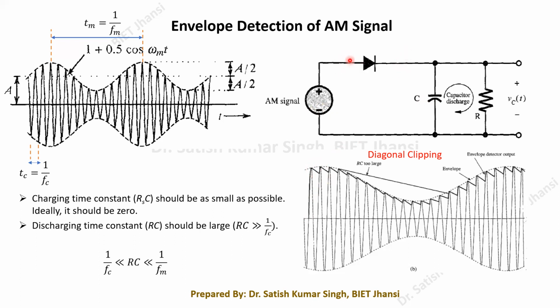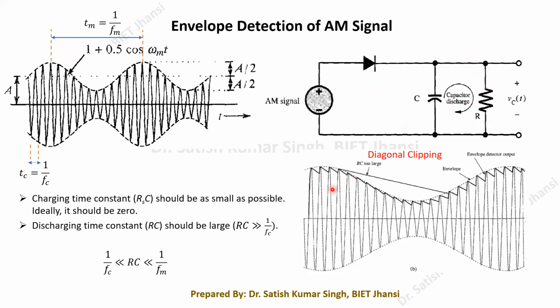So the cathode terminal will be at a higher potential than the anode terminal, and therefore the diode will become reverse biased and no current will flow through it. The capacitor will then find this particular path and start discharging through this resistance.